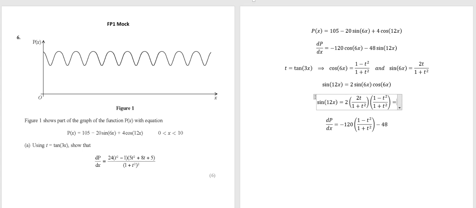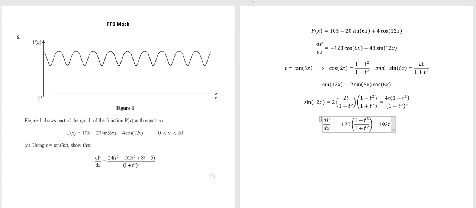For a start, the 2 and the 2 on the top turn into 4, so we have 4t times 1 minus t squared all over 1 plus t squared all squared. So in this form, it's a little easier to put into here. In fact, we can go a step further here, and instead of saying 48 times 4 times something, we just work out 48 times 4, which is going to be 192.